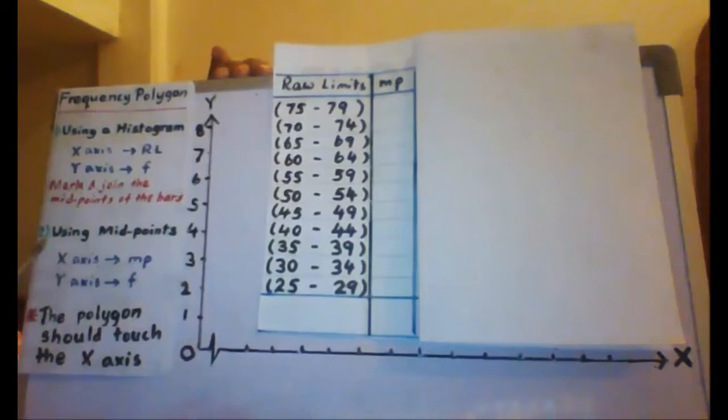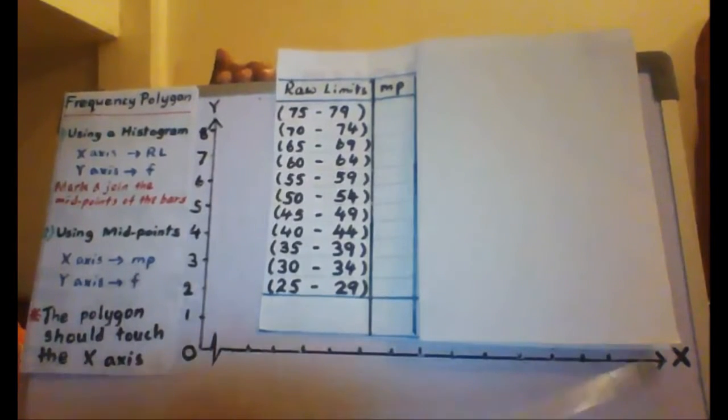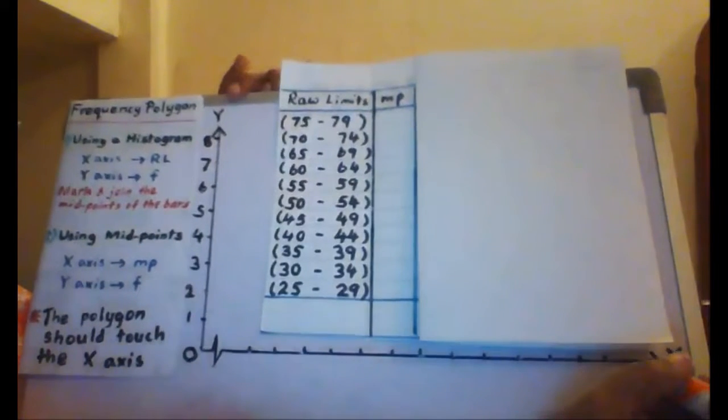Now the second method, how to draw a frequency polygon using the midpoints. We are not going to take real limits, but we are going to take the midpoints of the classes. So on the x-axis, we are going to take midpoints.